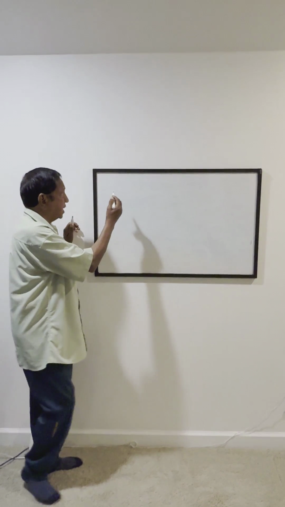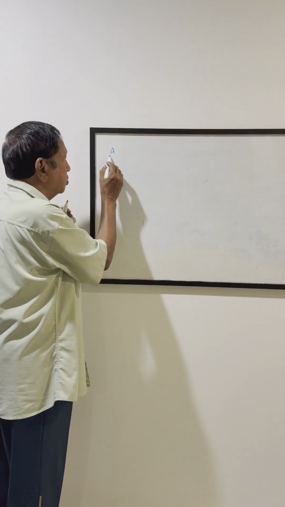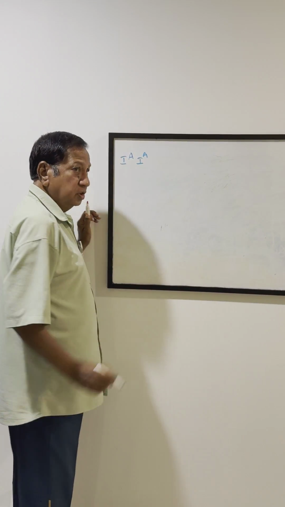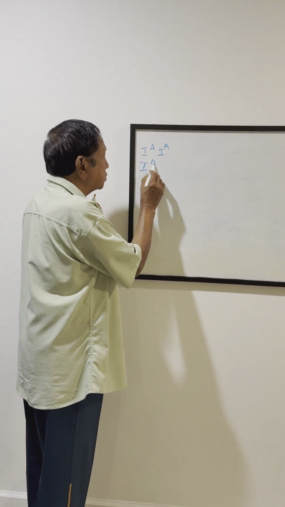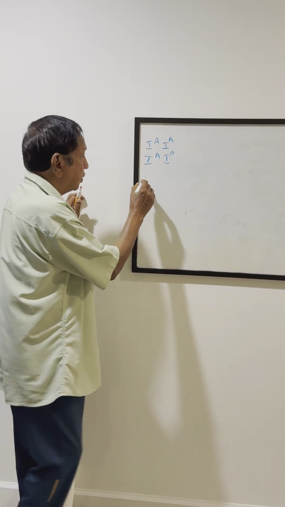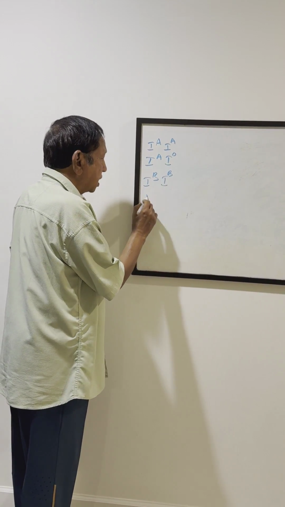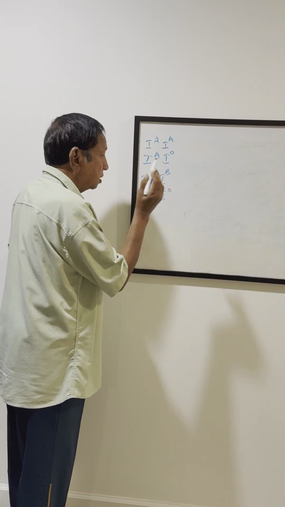The presence of antigen A constitutes the A type of blood, and that may have this genotype, or it may also have this genotype. Similarly, the B group may have this genotype, or this genotype.